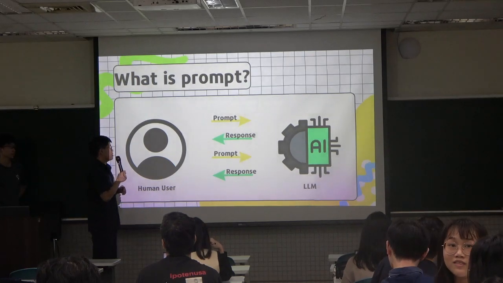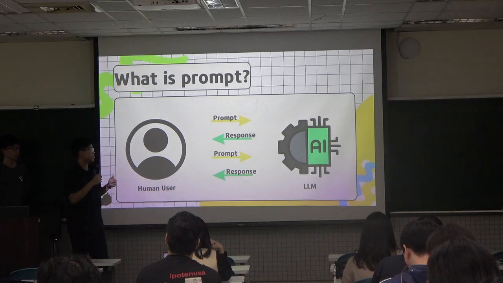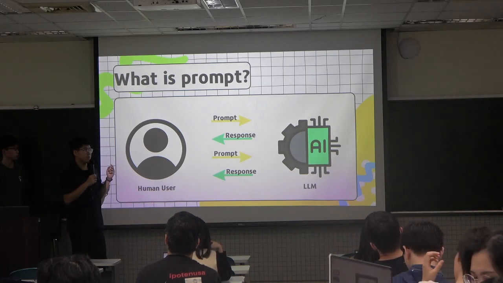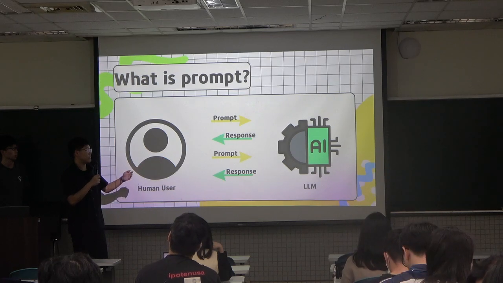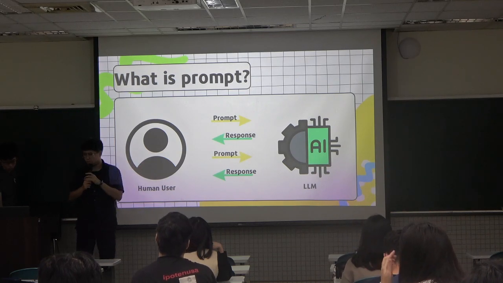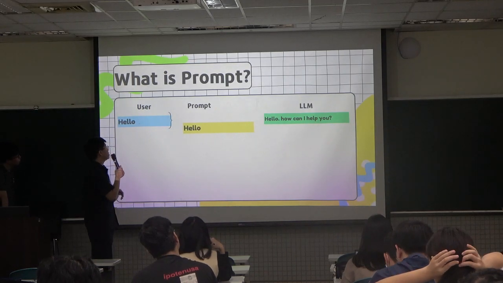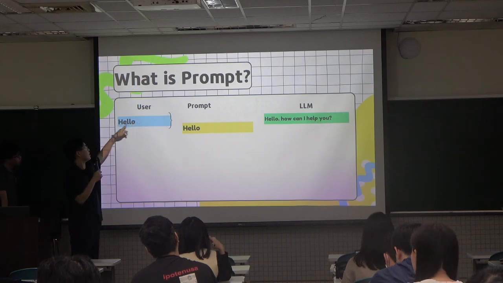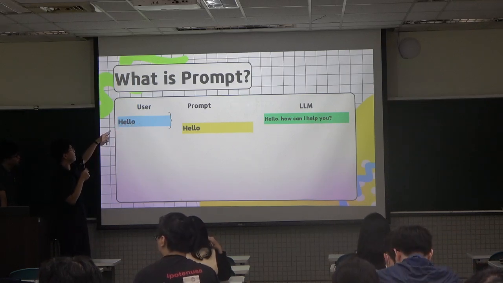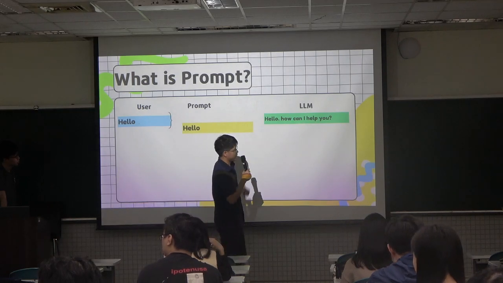And what is a prompt? A prompt is when the user gives some instructions to the model, and the large language model gives us a response. Let's look at an easy example. The user asks hello, and the large language model replies hello, how can I help you?